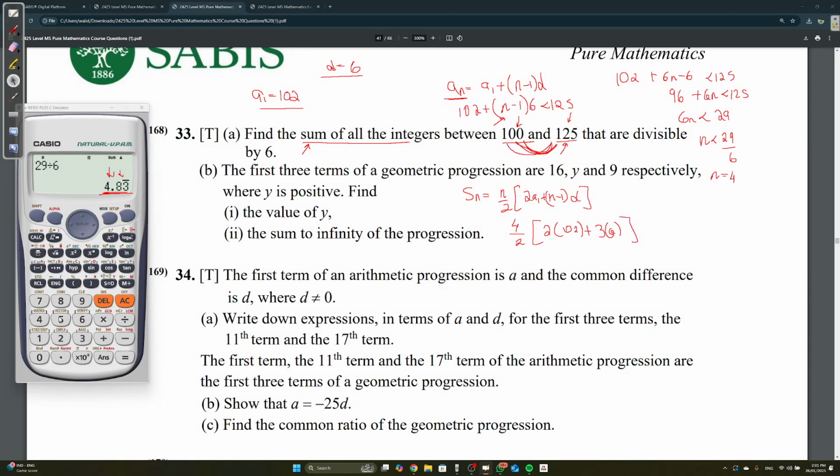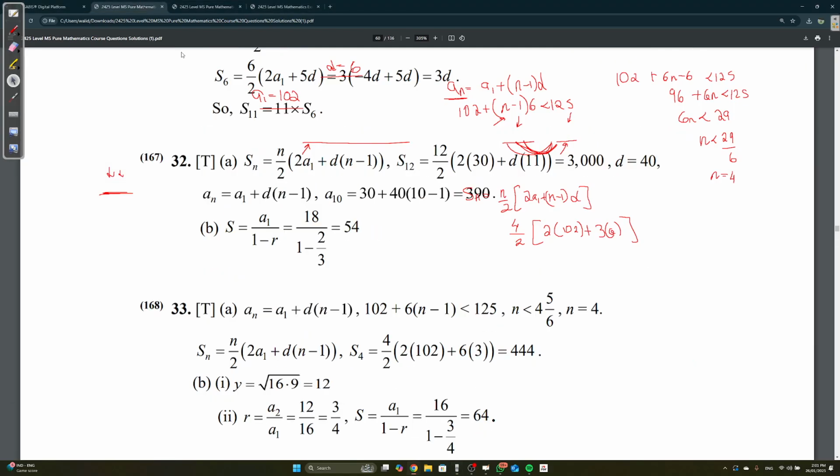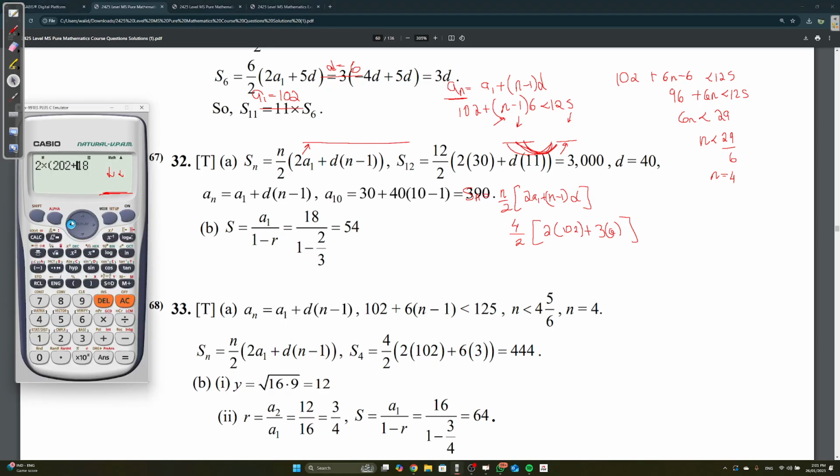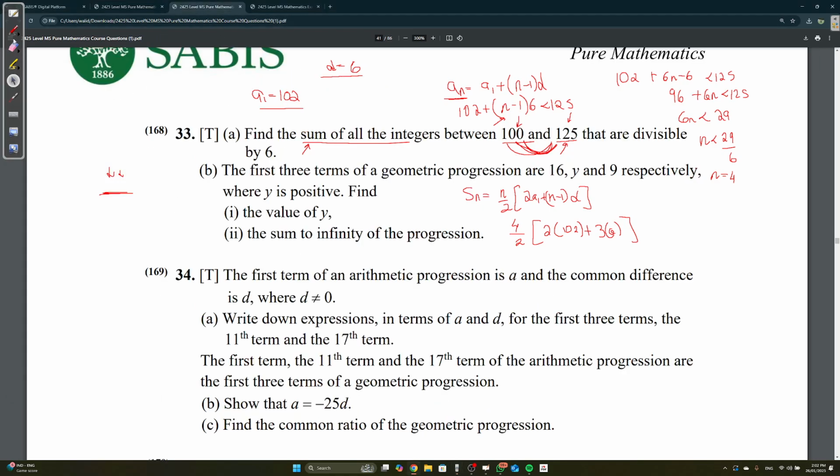So you get 2 times 202 plus 18, and you get 440. Actually, 444, 2 times 204. Yeah, I forgot to add this. Yes, 444.